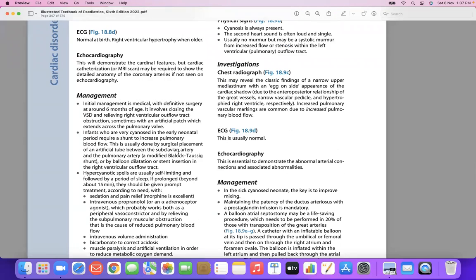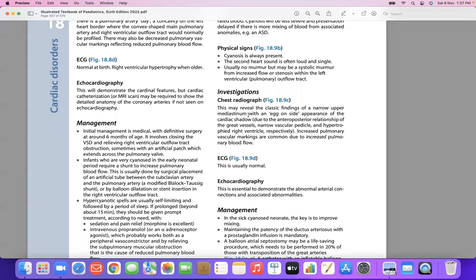Next are the investigations. The chest X-ray may reveal the classic finding of an egg-on-side appearance of the cardiac shadow, due to the antero-posterior relationship of the great vessels, narrow vascular pedicle and hypertrophied right ventricle respectively. Because the great vessels are mispositioned, ultimately it will come as a narrow pedicle.